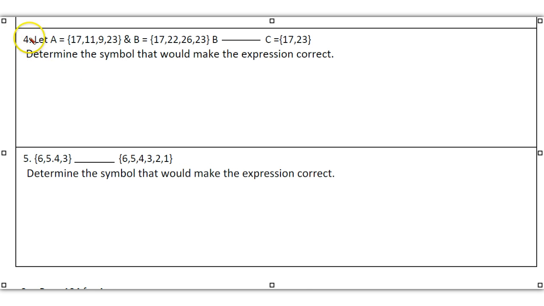In looking at example 4, we have set A and we have set B. Now they're not equal, but set A contains 17, set B contains 17, and set C contains 17. There is no 11 in both. There's no 9 in both, but 23 is in both.